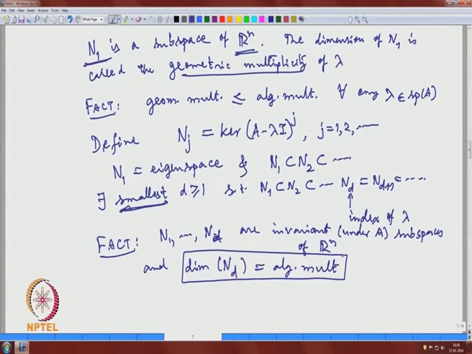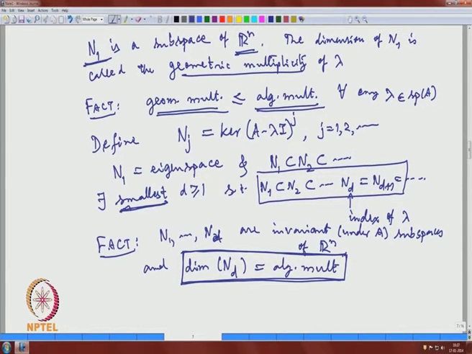So when the geometric multiplicity of an eigenvalue is strictly less than the algebraic multiplicity, we have to go for some more linearly independent vectors in order to get the full dimension, namely its algebraic multiplicity. We want to reach the algebraic multiplicity, and this is the way one reaches that. Okay.